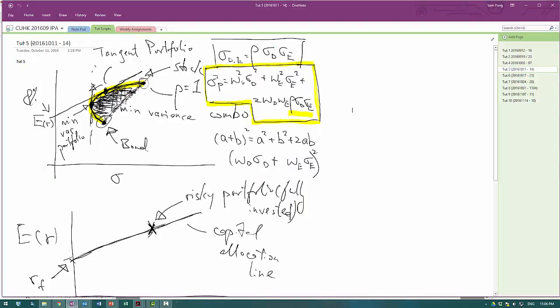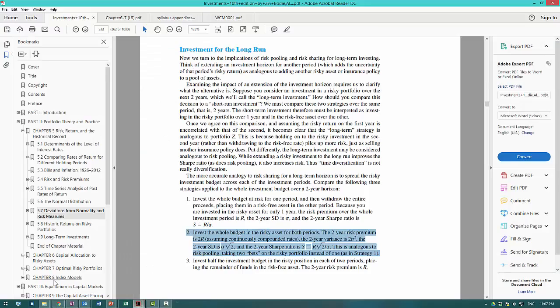Maintain the return and lower the risk is the name of the game here. That isn't really happening here. Okay, so they argue that time diversification is not really true diversification.